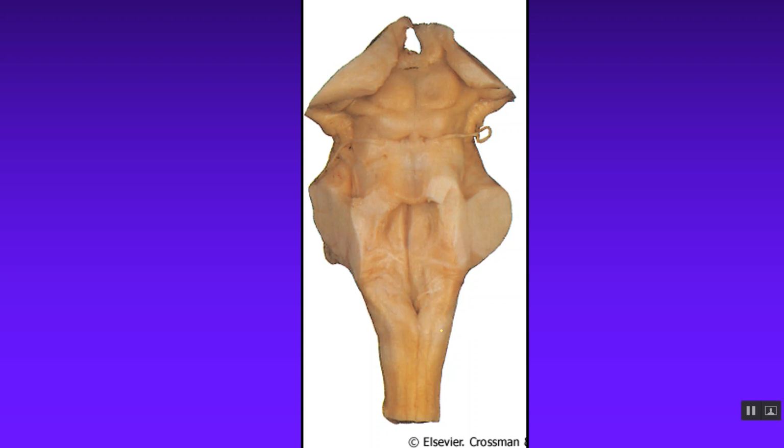And then there's a bump right here and a bump right there. Those are your cuneate tubercles, because right beneath those is your nucleus cuneatus. So we have gracile tubercles, and then cuneate tubercles.